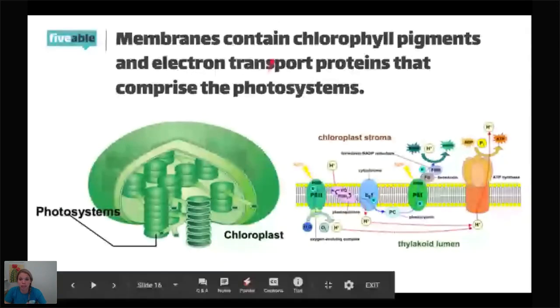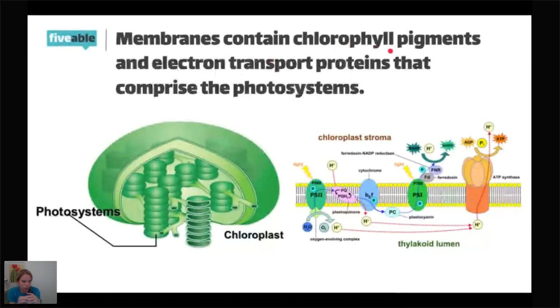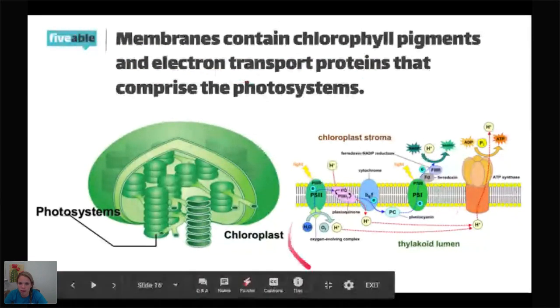So membranes contain chlorophyll pigments. Chlorophyll is going to be that green pigment that makes leaves green, that makes plants green, and it's what actually is going to capture that sunlight that spurs on the rest of the reaction. Electron transport proteins. Okay, so I've got a diagram over here, and there's a lot of stuff going on.